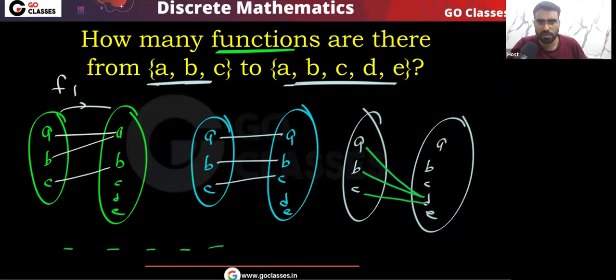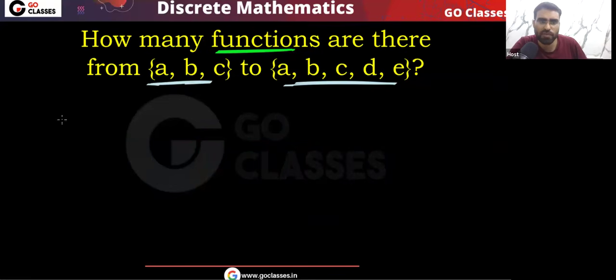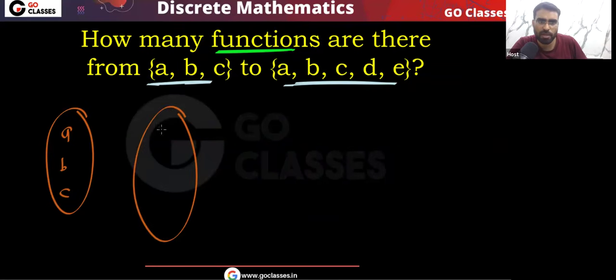That is the question. Okay, so the idea is actually very simple. See, from ABC, this is your domain. This is the domain, and this is the codomain ABCDE. Tell me one thing. I want to create function. Now let me know, if I want to create a function, then this element has how many choices?